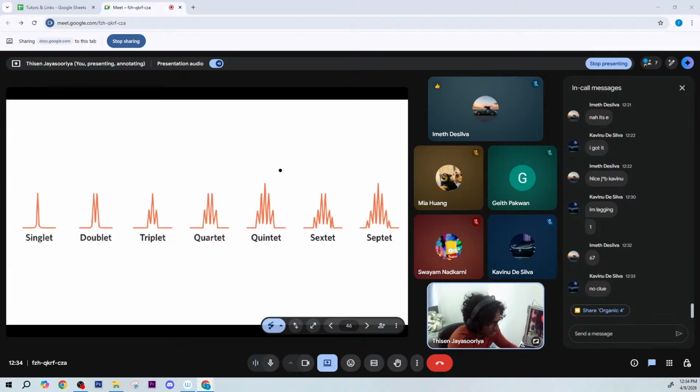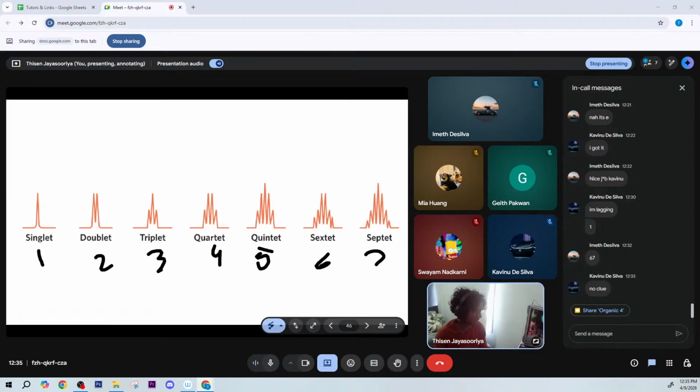So here, these are the different splitting patterns. They're most likely to just give you a table. You just need to know what a singlet, doublet, triplet, quartet, quintet, sextet, and septet are. So this represents 1, 2, 3, 4, 5, 6, and 7 splits.